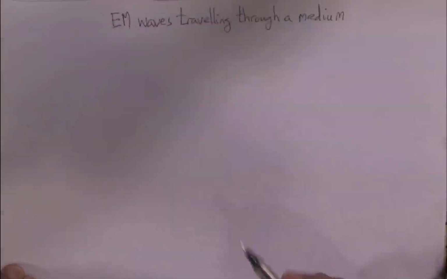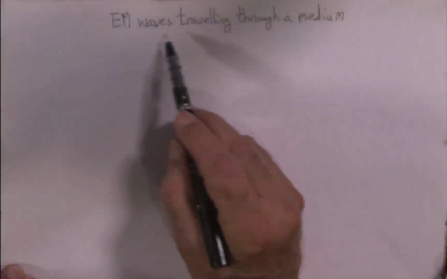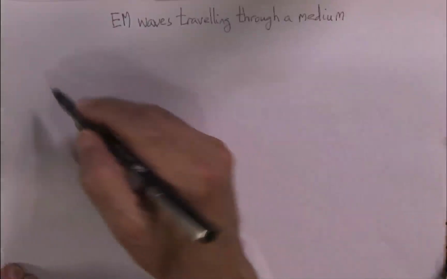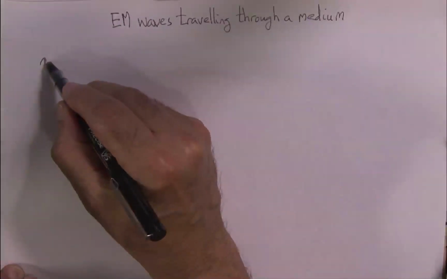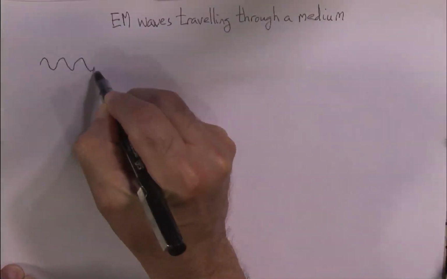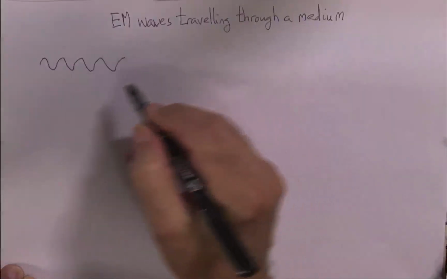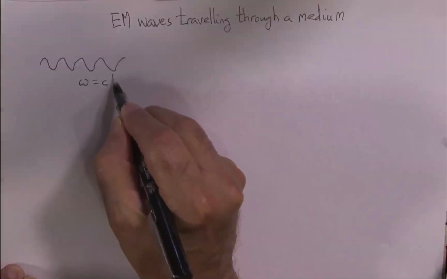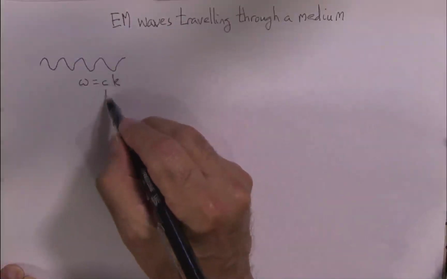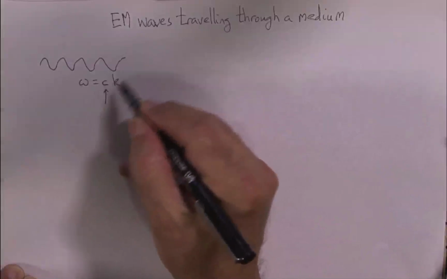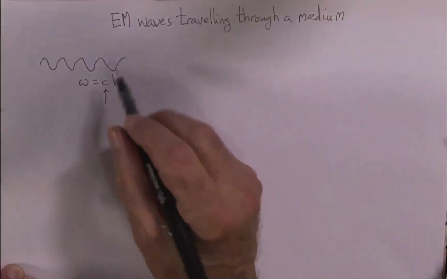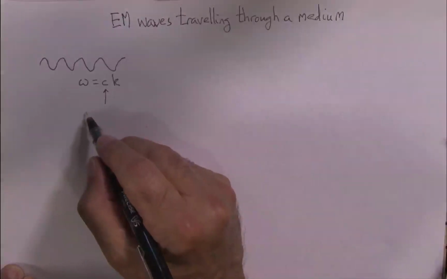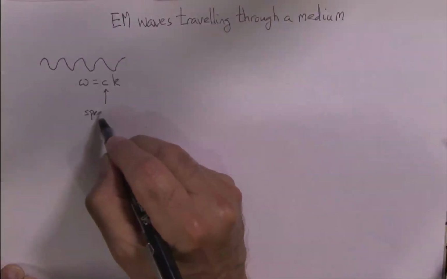We'll now try and understand what happens to electromagnetic waves that travel through a medium. Well, you know that if there is free space and there's a wave that's traveling along like this, then first of all, its frequency is related to its wave number through the speed of the wave, the speed of light, since we are talking of electromagnetic waves, and this is the speed of light in vacuum.